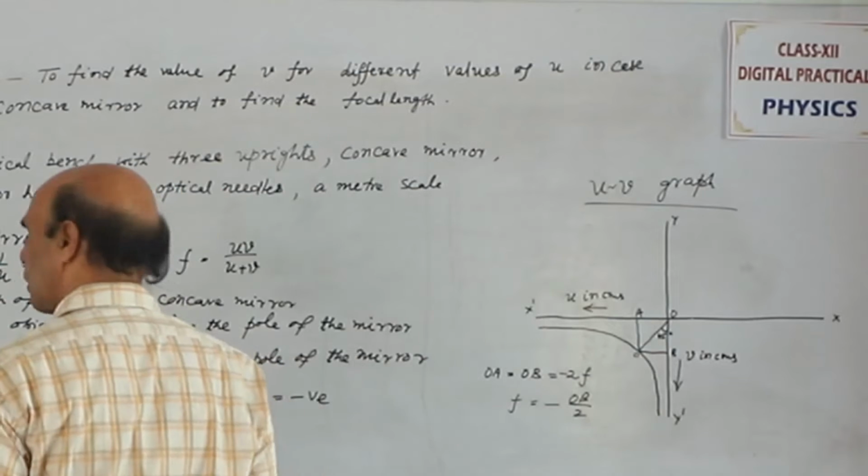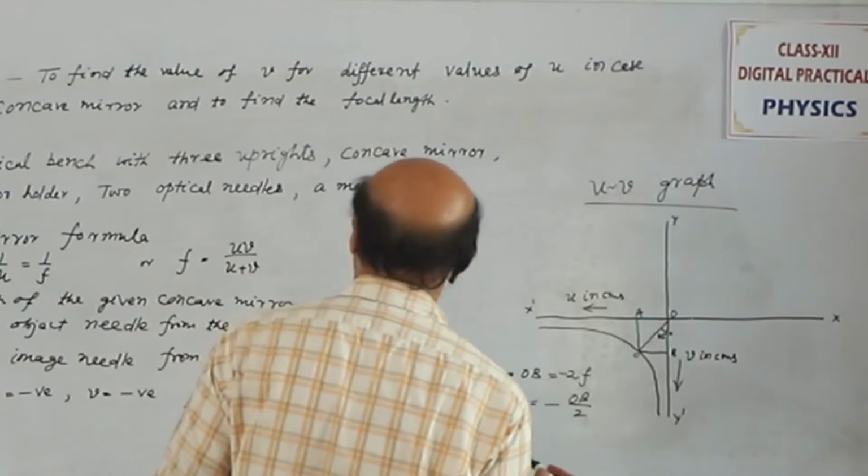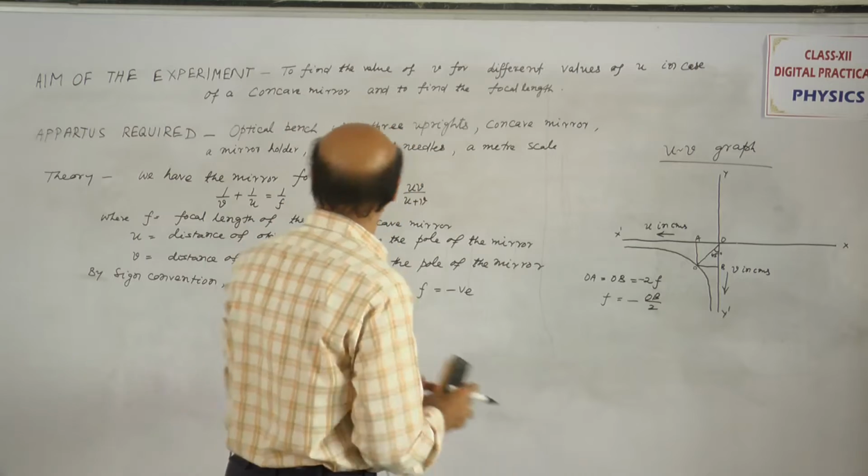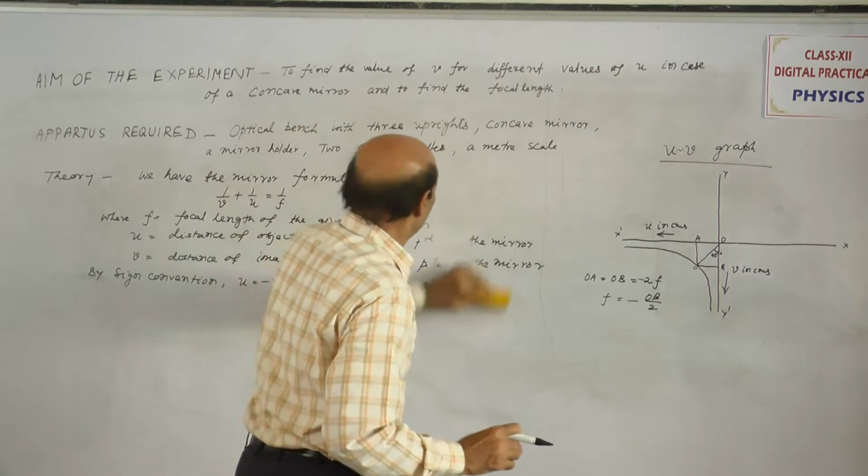Now you can also have a graph between 1 by U versus 1 by V. The nature of the graph will be like this.